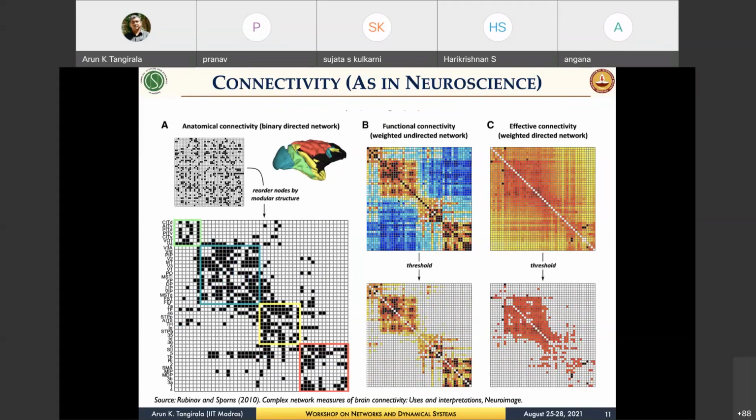So you compute the correlations and you apply a threshold to get a graphical model. Then you have the effective connectivity, which is weighted directed network, where you use measures of connectivity that give you direction.